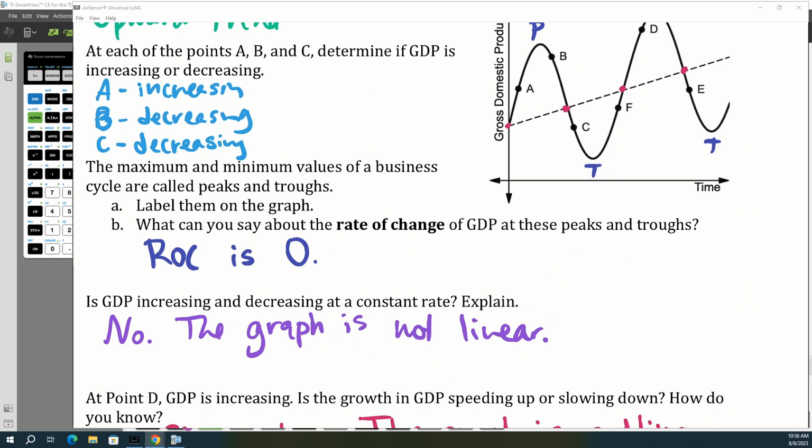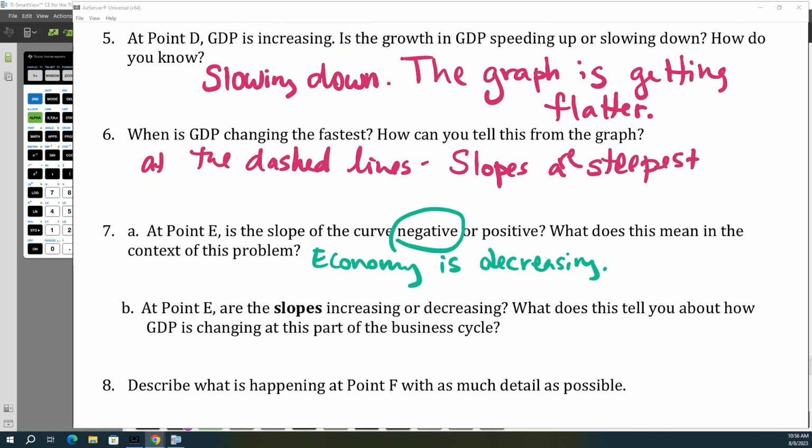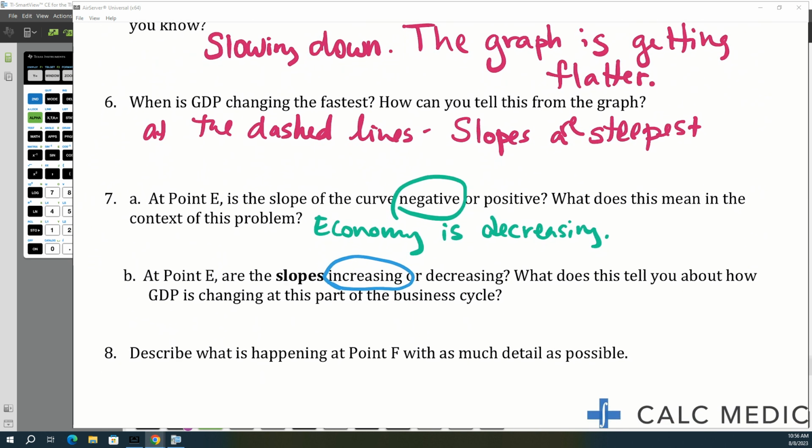So E might be like -2. And then if we went to right here, that's probably -1. So less negative means a bigger number. So in this case, and I know it's kind of hard to think about right now, the slopes are actually increasing there. Right.